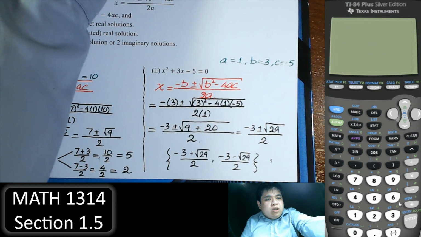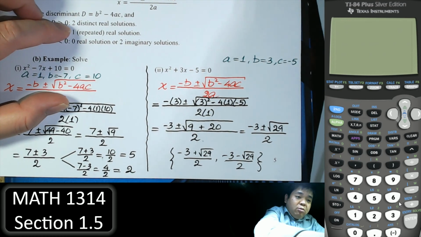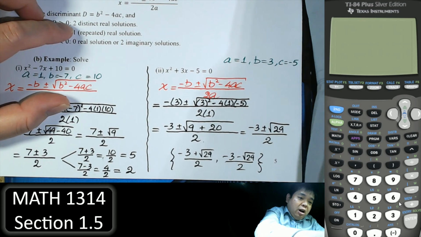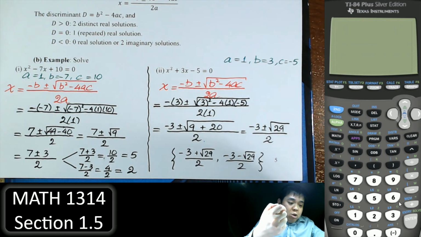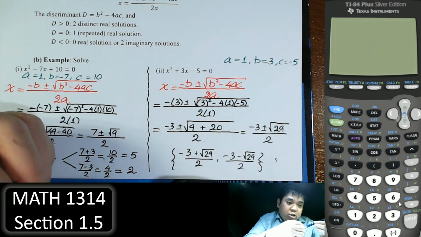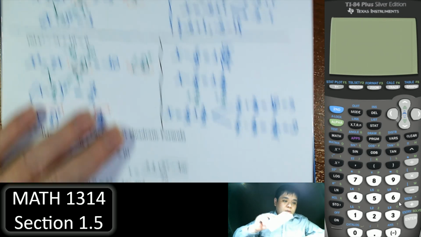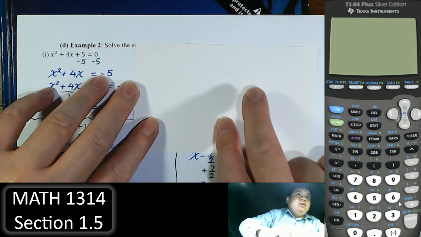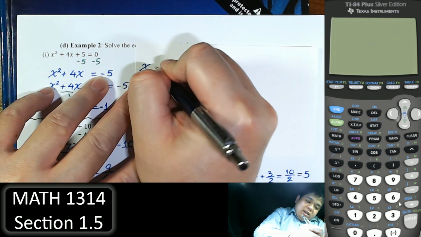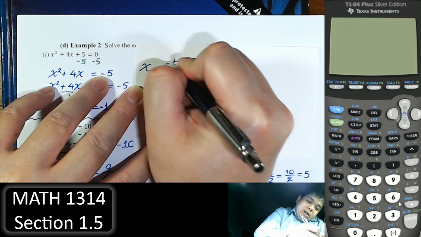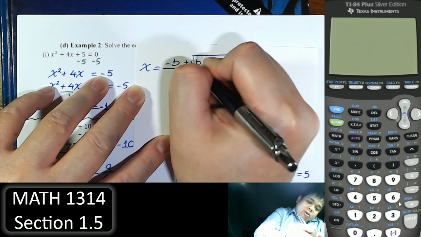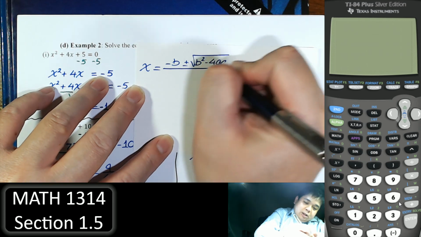Actually, it works with imaginary solutions, complex solutions as well. So we'll do one more example using the quadratic formula. Like this example. Simple enough. X equal to negative b plus or minus the square root of b squared minus 4ac over 2a.